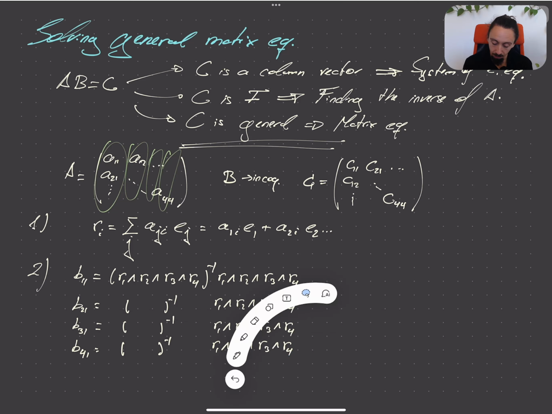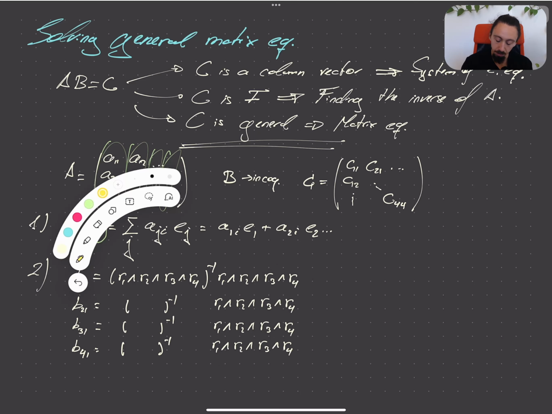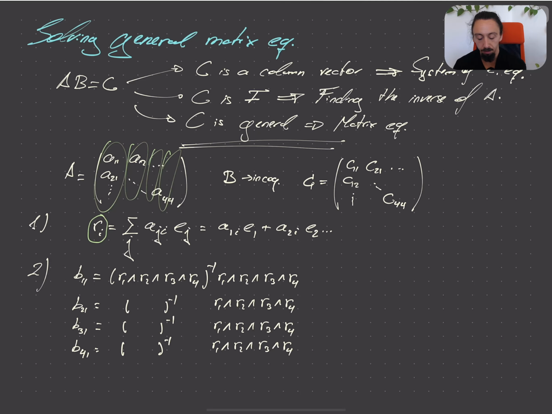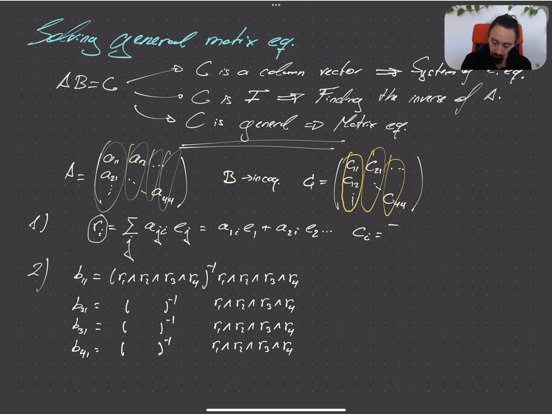Fantastic. Now we define the R's in green here, and now we are going to define the C's. The C's are exactly the same as before, the columns of C. So we define Ci as the sum over j of C_ji e_j.